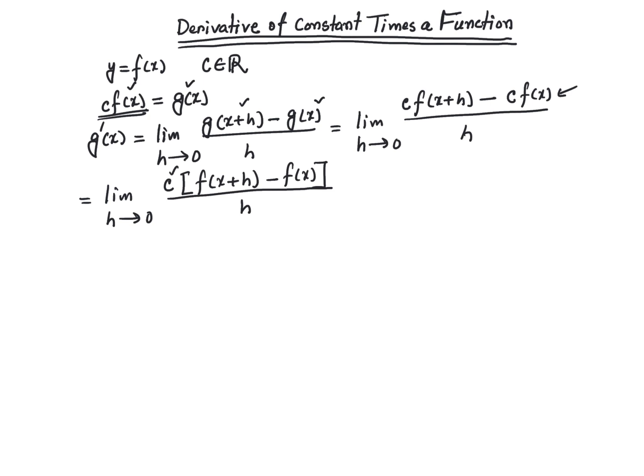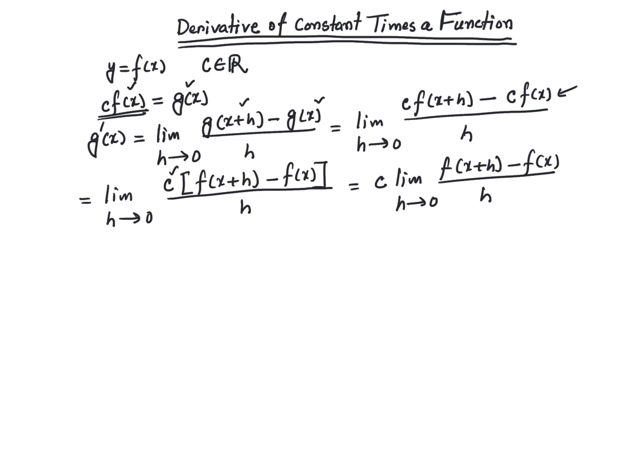Now c is a constant, and the limit is not going to be impacted by moving the constant out, right? So that's going to give me c times limit h approaches 0, f of x plus h minus f of x divided by h.